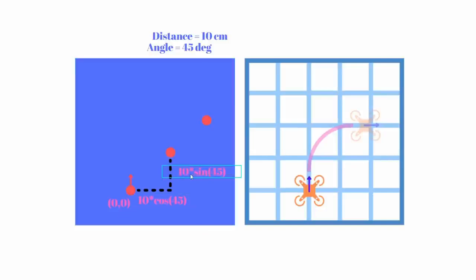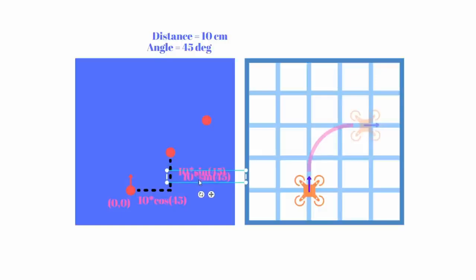So this will be 10 multiplied by sine 45. This will give us the y coordinate, and the other will give us the x coordinate. So this way we will have the x and y coordinate over here. The answer of this is about 7, and the answer of this is also about 7. So this point here will be 7 and 7.